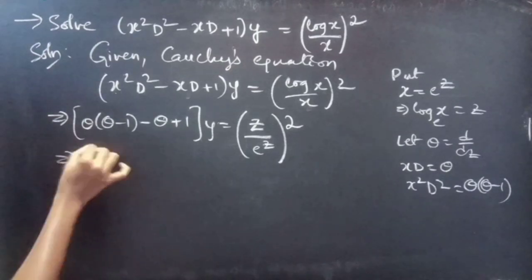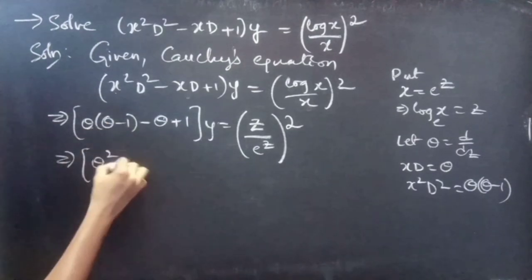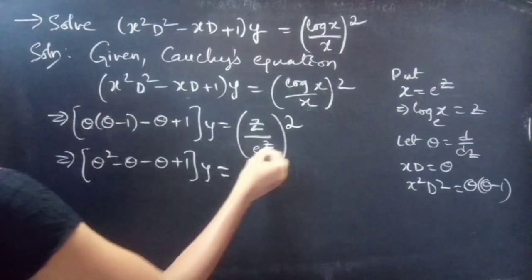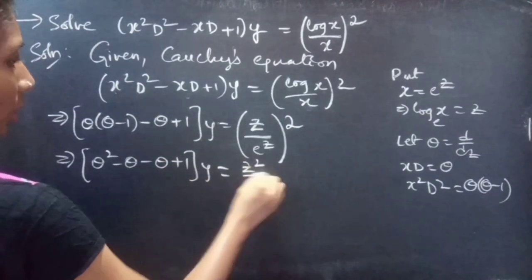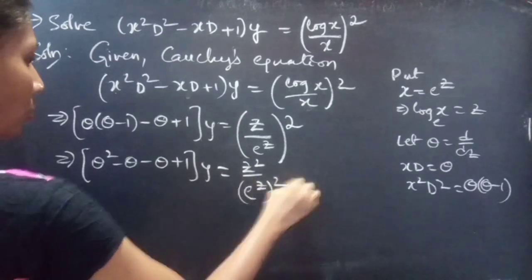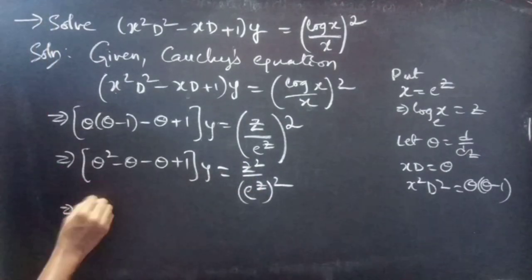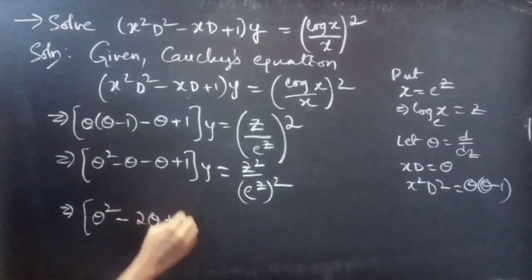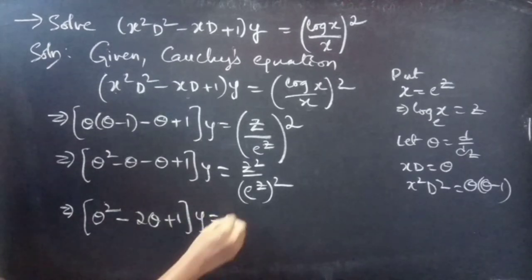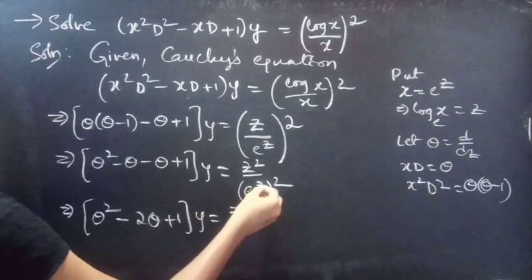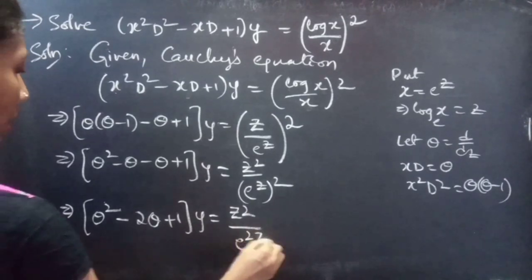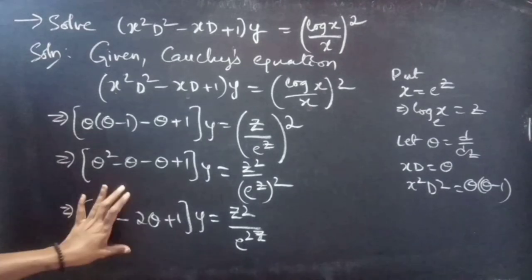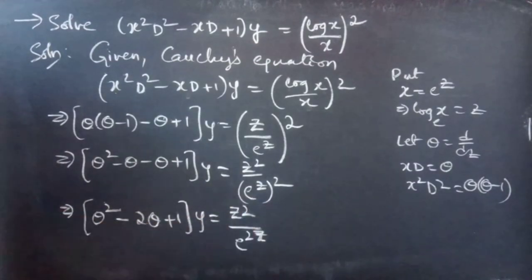This becomes theta square minus theta minus theta plus 1 into y equals to z by (e power z) whole square, which can be written as z square by (e power z) whole square. Then we'll get theta square minus 2 theta plus 1 into y equals to z square by e power 2z, which is in operator form, F of theta into y equals to some function of z.